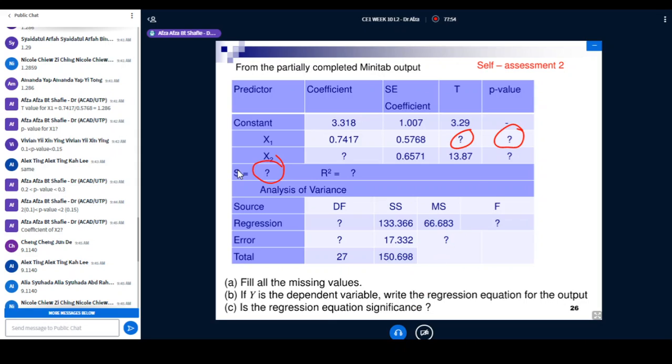Okay. R squared. Yes, R squared is 88.5%, right? Okay, that's right.